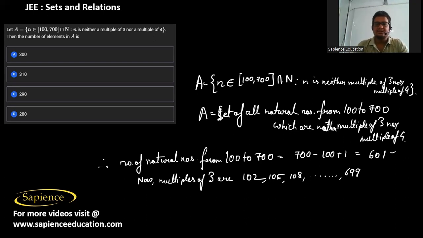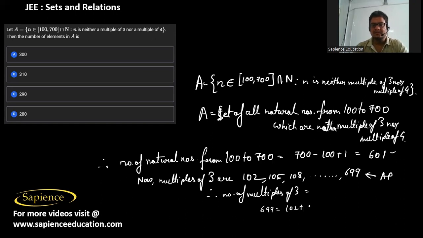So how many natural numbers here? It is an arithmetic progression with the first term as 102 and the nth term is 699. So the number of multiples of 3 is found from 699 equals a plus n minus 1 into d, where d is 3.